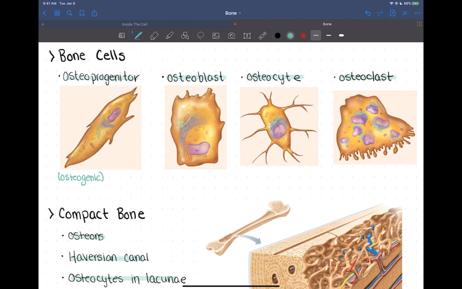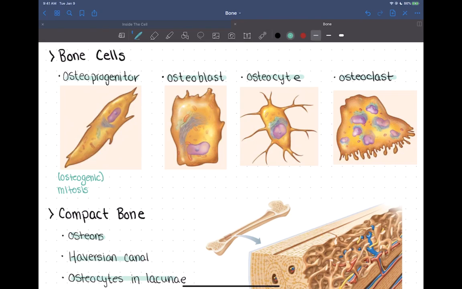And so these are the bone cells that can undergo mitosis and make other new bone cells, okay?